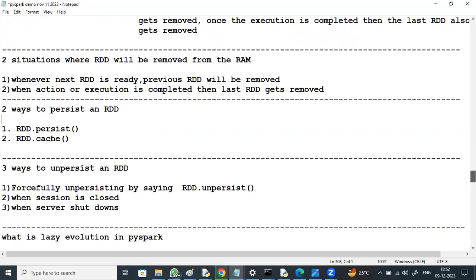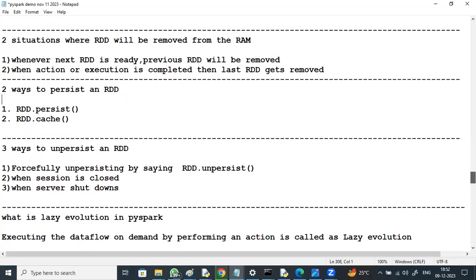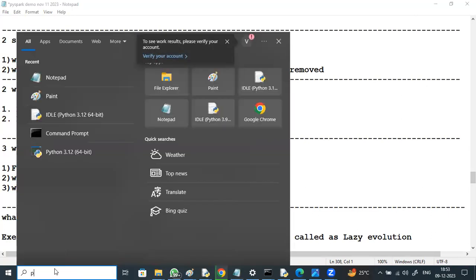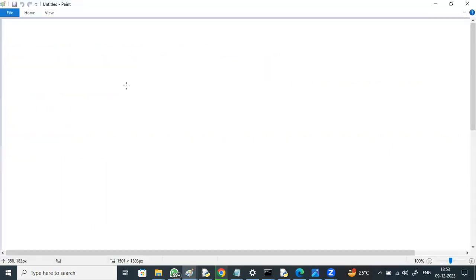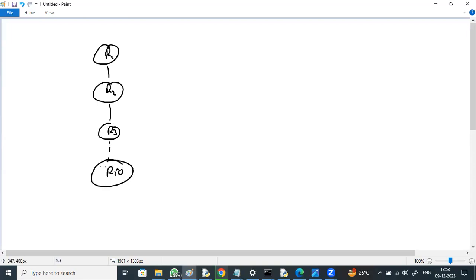Okay, so in which situations do we need to persist the RDD? If you give some example. Say R1, R2, RDD2, RDD3, up to 50 RDDs are there.